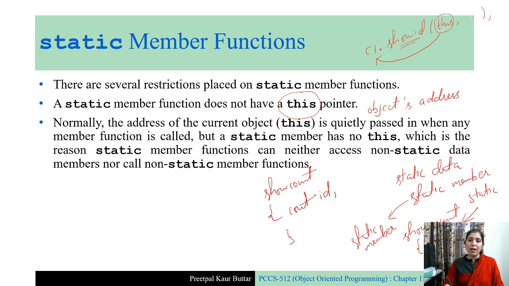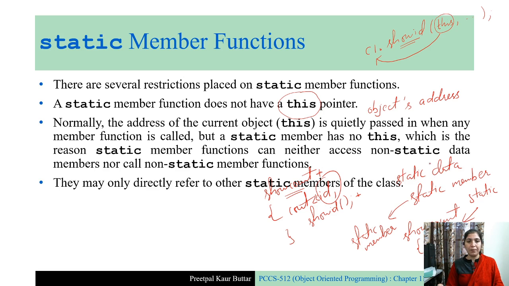Why? Because id is a non-static data member. Similarly, we cannot call the showId function inside the showCount function. Why? Because showCount is a static member function, while showId is a non-static member function.